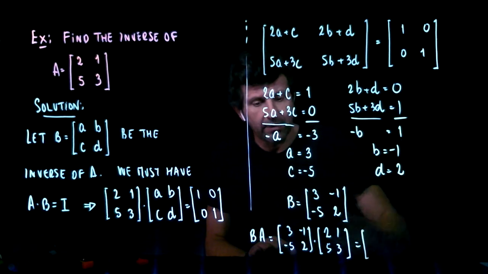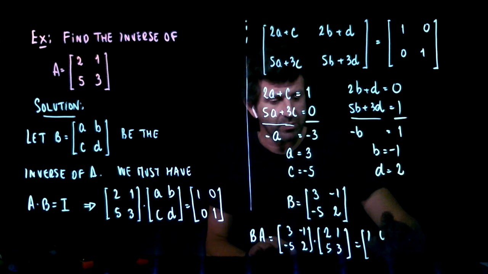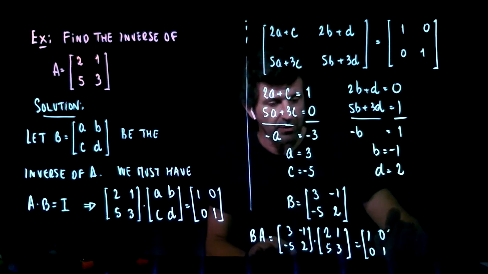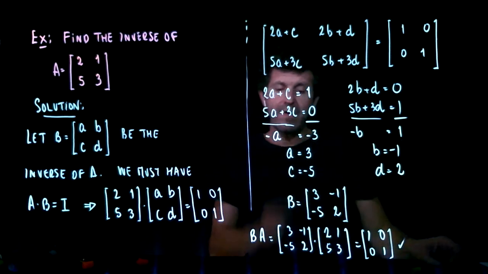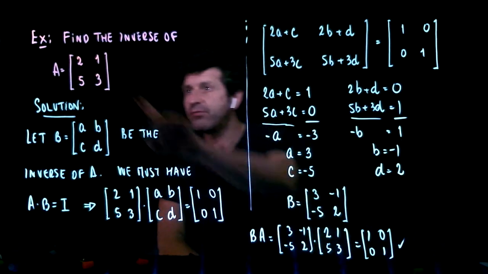What do we get? So 6 minus 5 is 1, 3 minus 3 is 0, negative 10 plus 10 is 0, and negative 5 plus 6 is 1. And so there we go. I just found the inverse of this matrix.